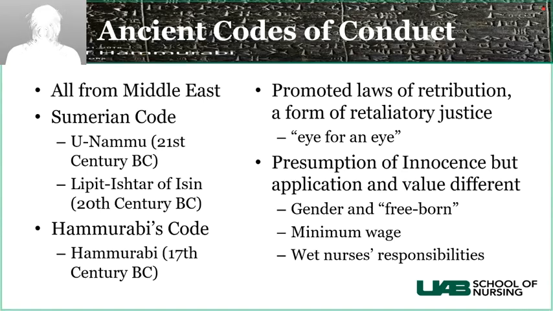These earlier codes all share a common bond, and they resemble each other, particularly in the commands and their content. They influenced each other, or perhaps they derived from a similar source. There must have been some level of communication. In these codes there were laws that protected women, particularly if they were freeborn and not slaves.